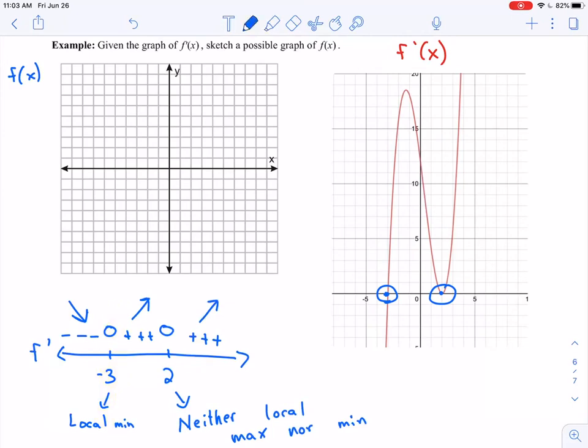That's the important part. It doesn't even have to be at a whole number. I could place it right here, with a horizontal tangent line. My function is decreasing, it levels out just for a moment, and then after that it's increasing. It looks something like this. I'm not really happy with that, so I'm going to fix that up a little bit. There we go. That's a little bit better.